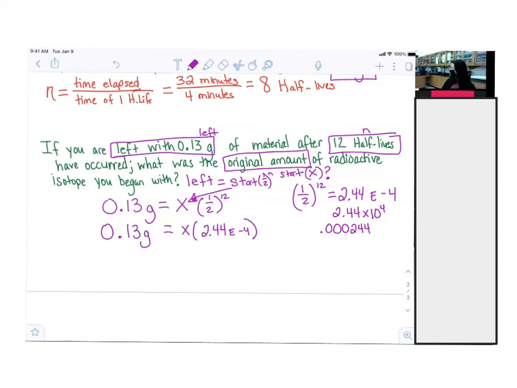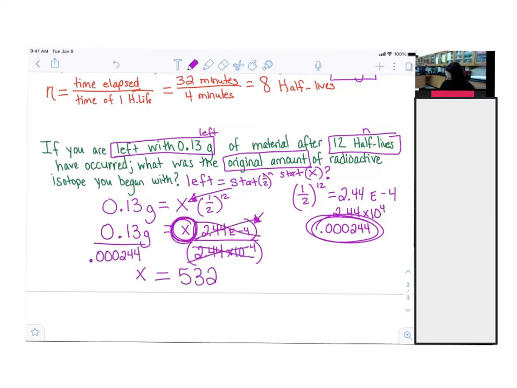I'm going to divide both sides by this number right here, 2.44 times 10 to the negative 4th. They're the same number. So I'm going to divide both sides, and I get 132.8 grams. So this is what I started with.